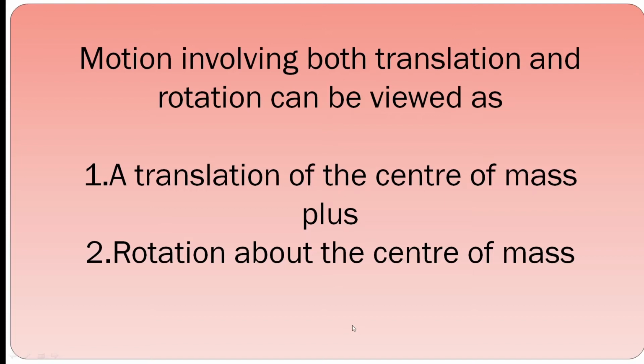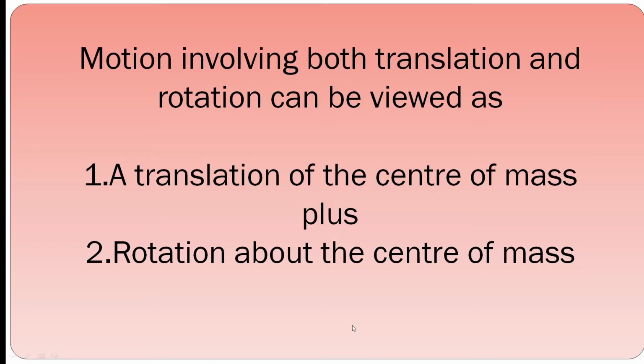What we are doing here is converting a combined translational-rotational motion into a translation of the center of mass plus rotation about the center of mass.